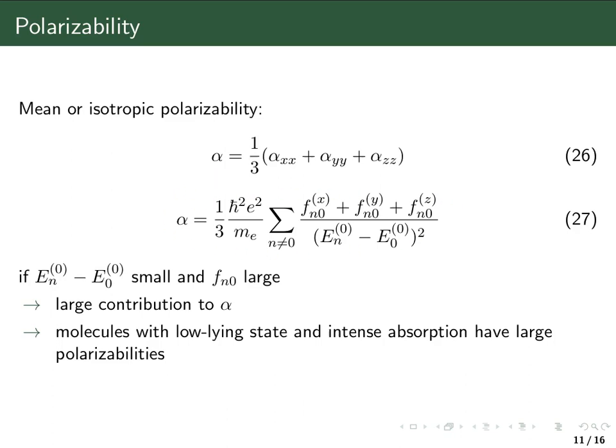So you can see, if either I have a large oscillator strength or I have a small excitation energy, in both cases I will get a large contribution to the polarizability.